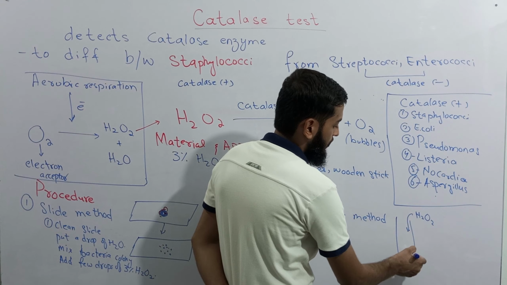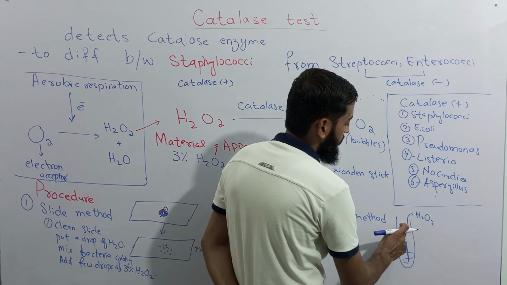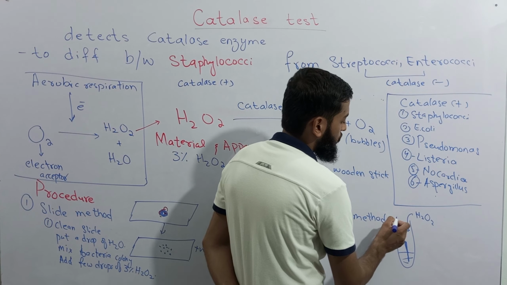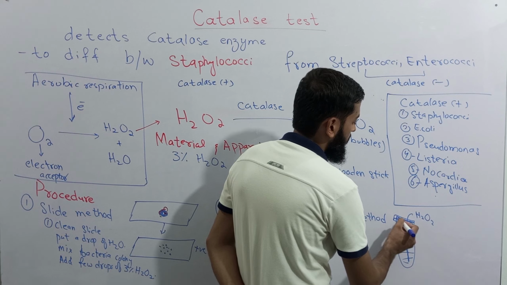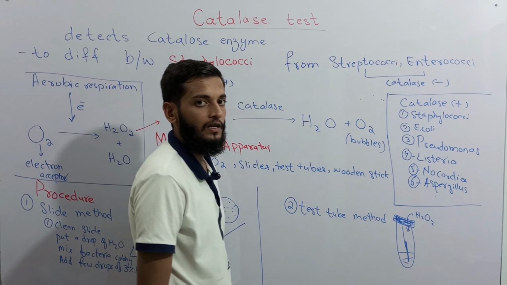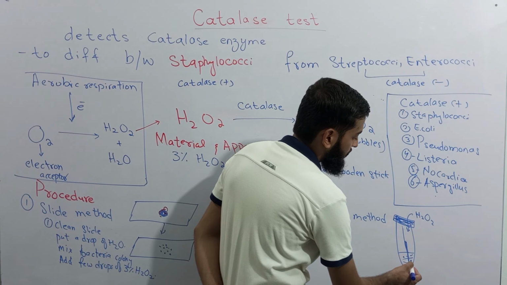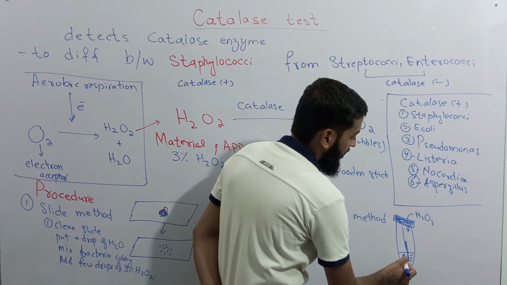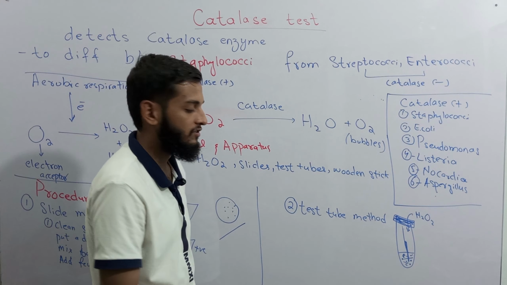Then we will throw this stick into the test tube, and then we will cover the test tube with the test tube cap. We will see vigorous bubble formation. A large amount of bubbles will be formed. That will tell us the result is positive.